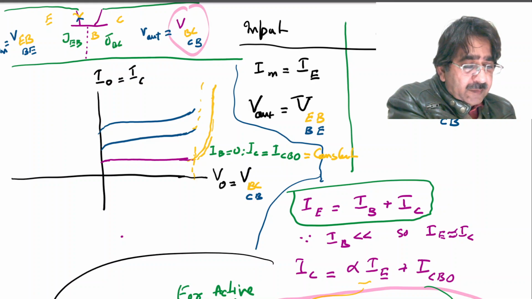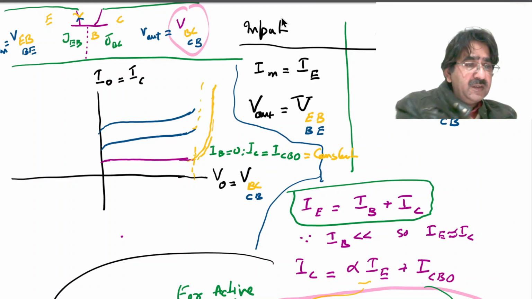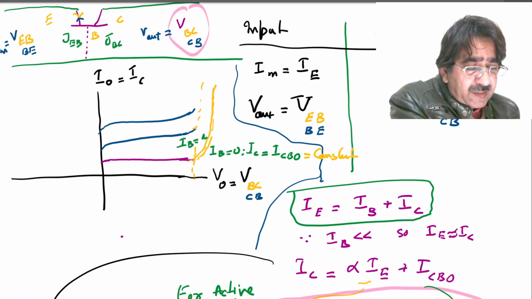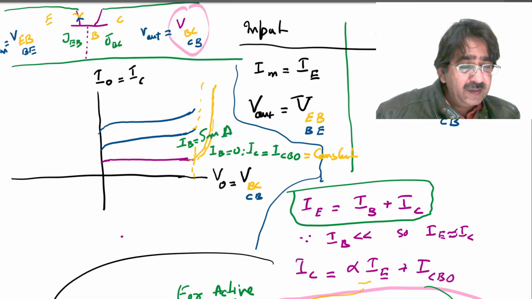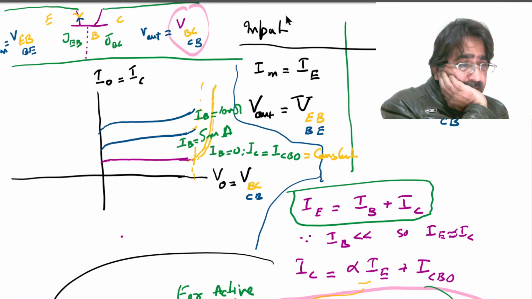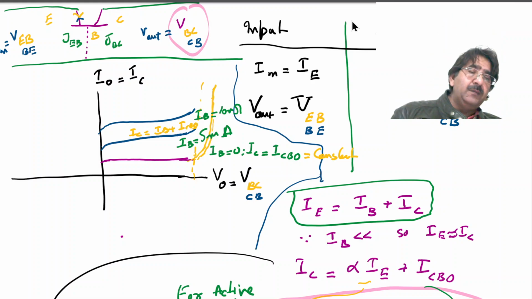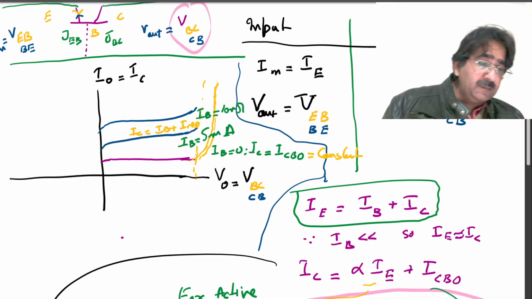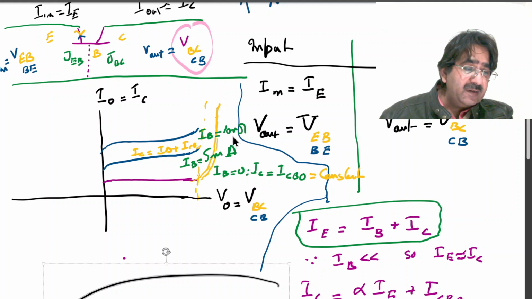If this is zero, here you may say IB is, for example, 5 milliampere, here 10 milliampere, and IC will be equal to IB plus ICBO, so that will be different.